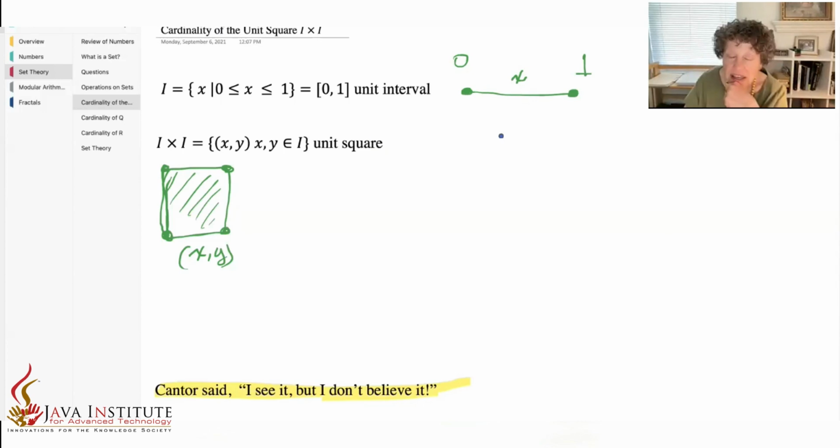It looks like point A, B, C, D, E, F. The numbers between 0 and 1, decimal numbers. Over here, we're going to have pairs, and I'm going to use Greek letters here.